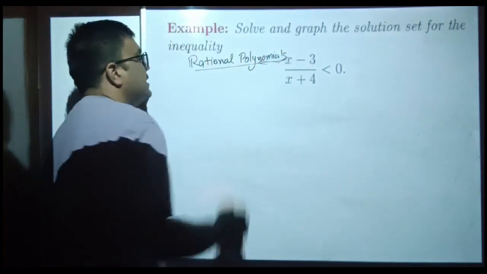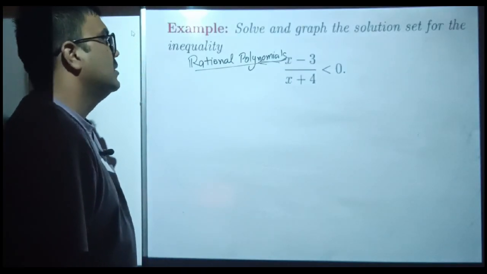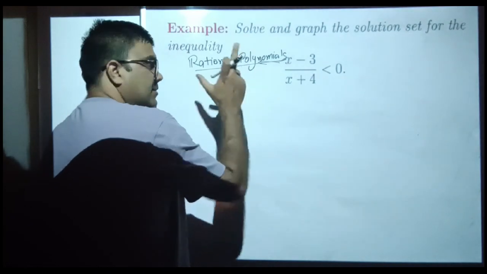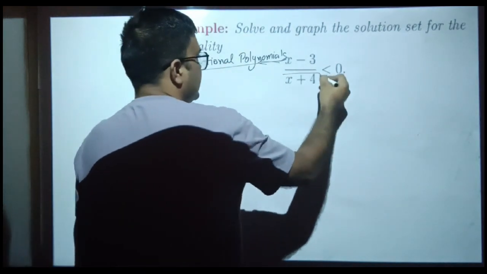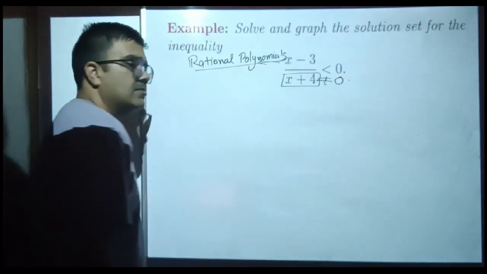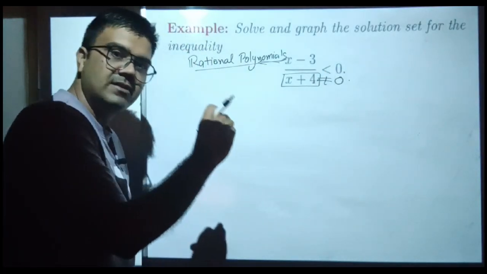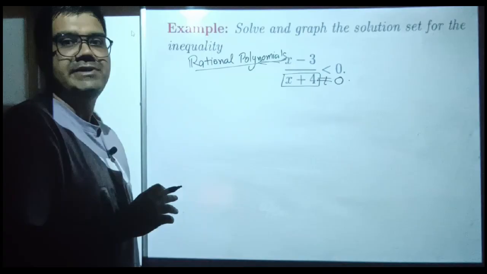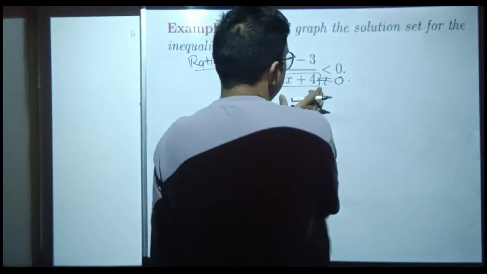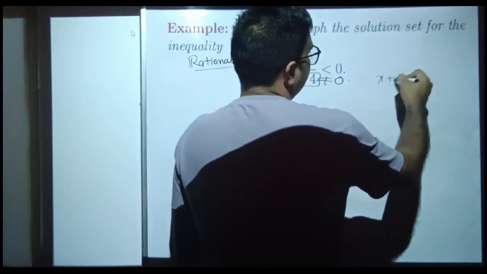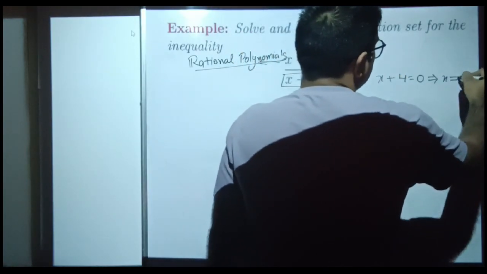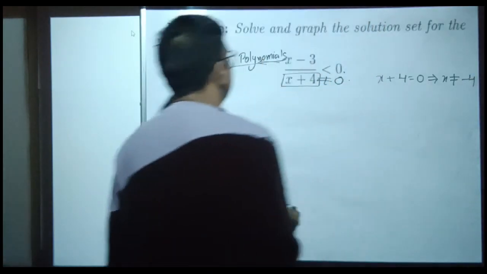Whenever a rational polynomial is given to us, the first thing we have to do is make sure the denominator is not equal to 0. First of all, identify the points x for which the denominator is 0. To find those points, we equate x plus 4 to 0, and we obtain that x cannot be equal to minus 4.